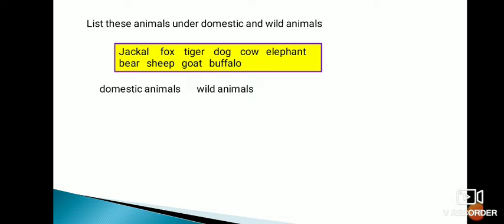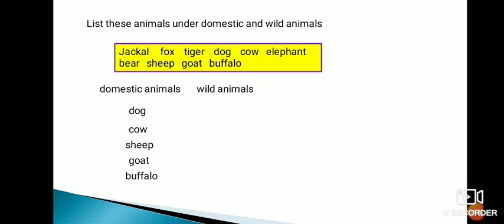So we will sort them out. Let us see one by one. So domestic animals, first we shall find out. First one is dog, okay. Then next comes cow, all right. The next is sheep, okay. Then goat, and then buffalo, okay. So these are domestic animals, and remaining animals are wild animals.